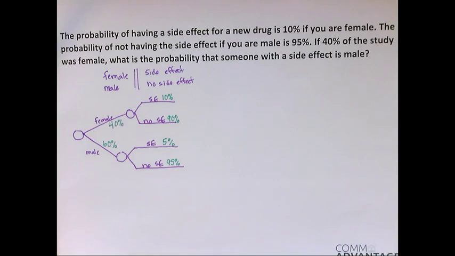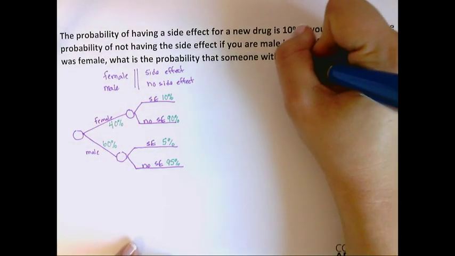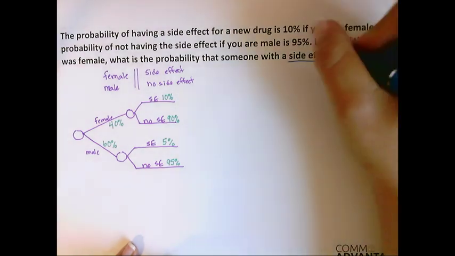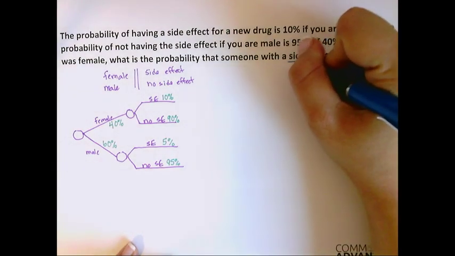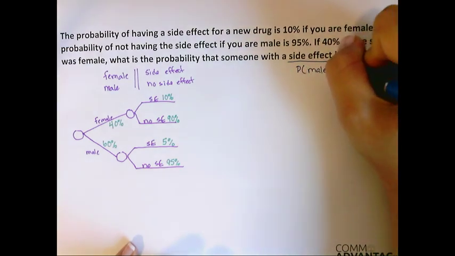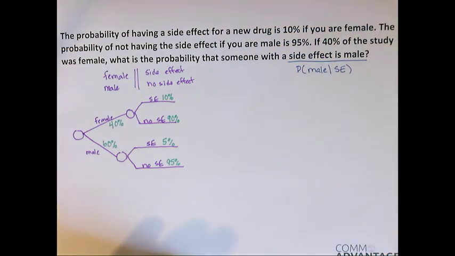So then it asks us, what is the probability that someone with a side effect is male? So with a side effect is male is saying that we're looking for the probability that someone is male given we know they had a side effect. So the side effect becomes the given information.